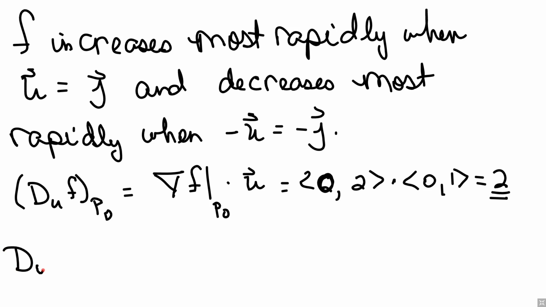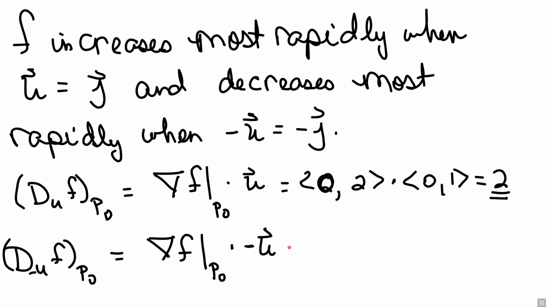And then if we look at it in the negative sense, where it's decreasing most rapidly, again it will be the gradient evaluated at p sub 0 dotted with the negative of this.